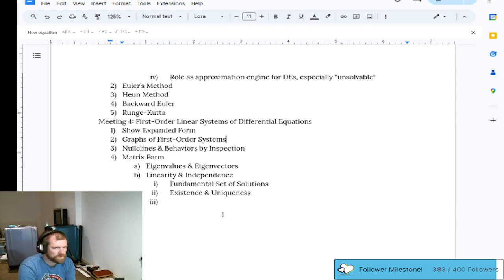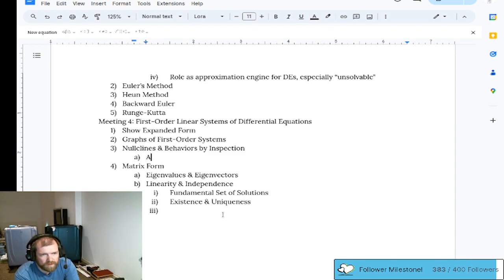So the graphs of the first order systems, we can start getting this in, and then we say, okay, based on this, we can also look at where on this graph we have what are called nullclines, or like specifically the ones that we care about are the asymptotes and other critical points.